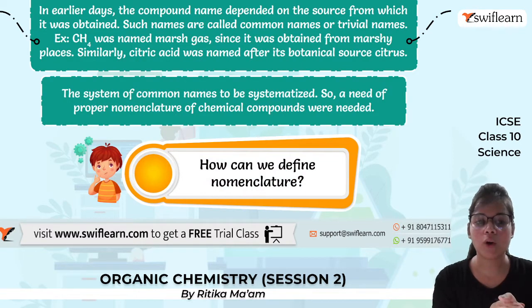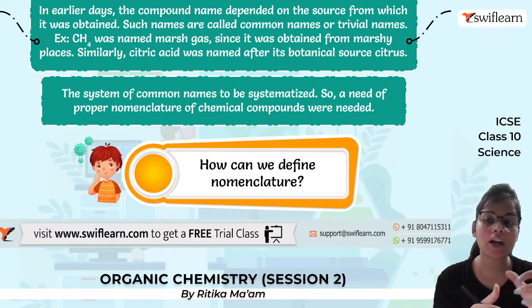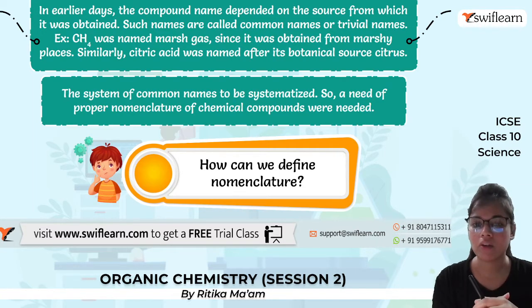In earlier days, a compound's name depended on the source from which we were taking that compound. Such names were known as common names, nicknames, or trivial names. For example, for CH4, the common name was marsh gas. Why was it named so? Because it was obtained from marshy places.